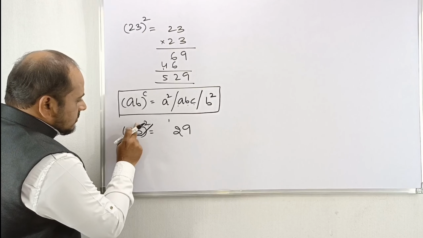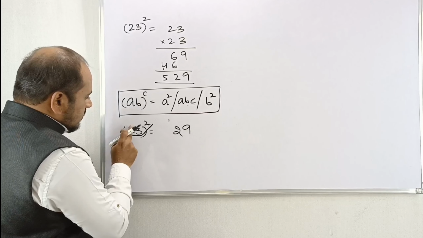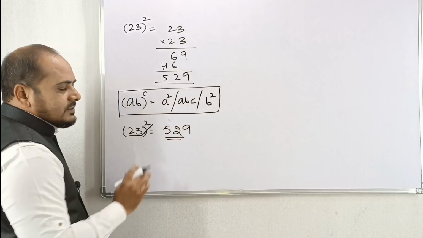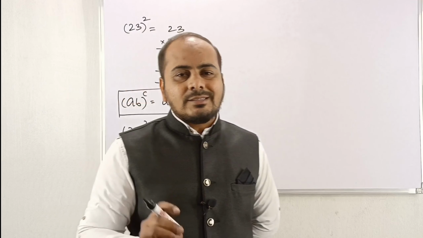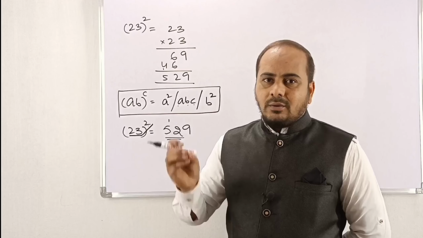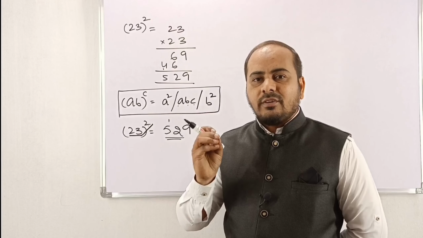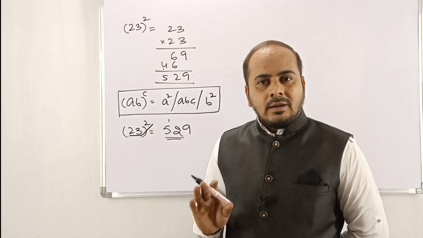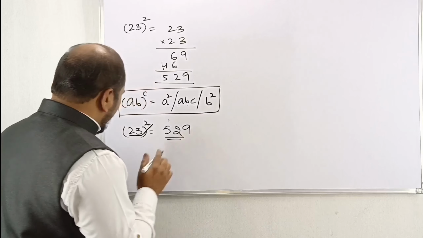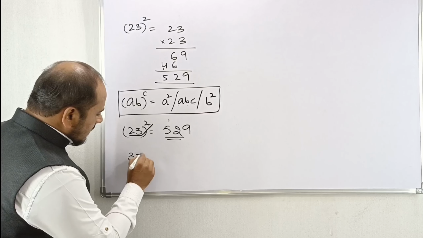Now 2 square, because of A square we need to do. 2 square is 4. 4 plus 1, 5. 529. This is very easy and in one step we can do it. If you practice very fast, then you can get a perfect idea and in fraction of seconds you can complete the calculation. Let us see some more problems and you practice along with me.